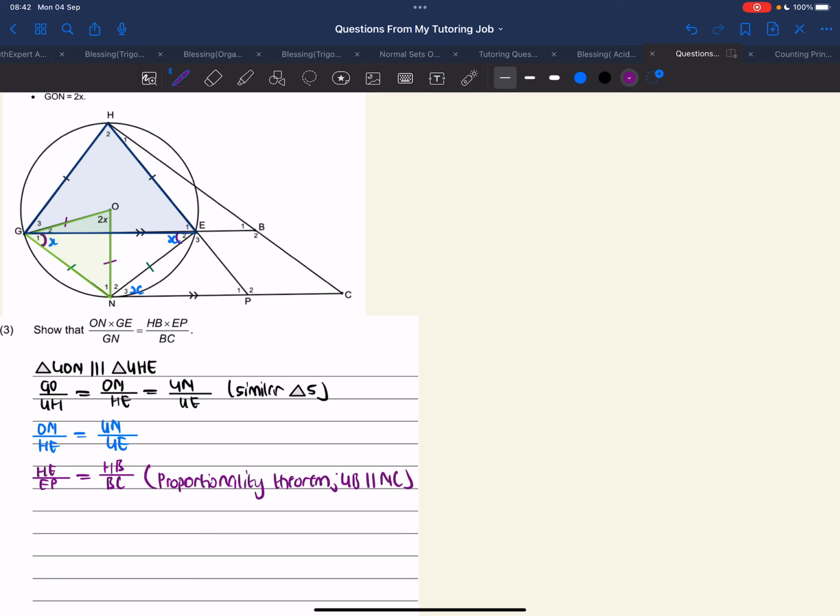Somehow we need to find a way to rearrange that to find the equation over there.